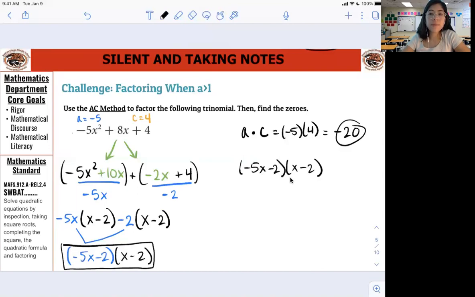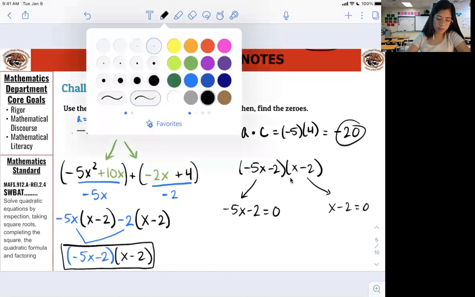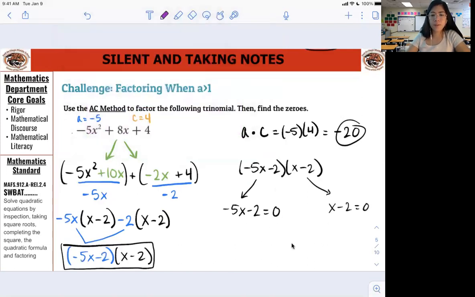You do -5x minus 2 equals 0, and you do x minus 2 equals 0. Good, we set each of them equal to 0, and now I solve. So over here, what do I do first?